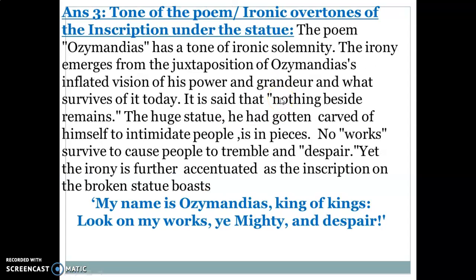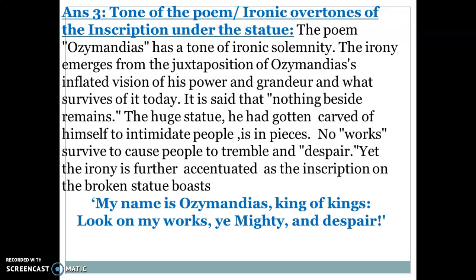Then is the answer to question 3, the tone of the poem. Obviously, the poem Ozymandias has a tone of ironic solemnity. The irony emerges from the juxtaposition of Ozymandias' inflated vision of his power and grandeur, and what survives of it today. It is said that nothing beside remains.